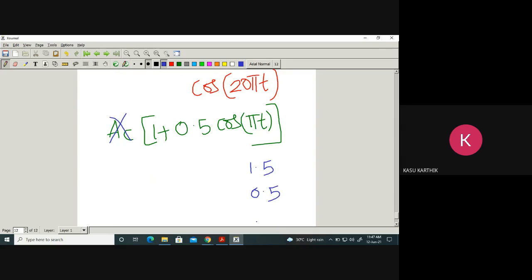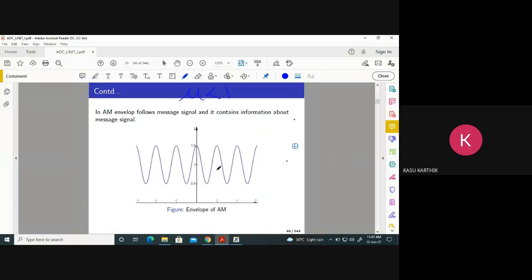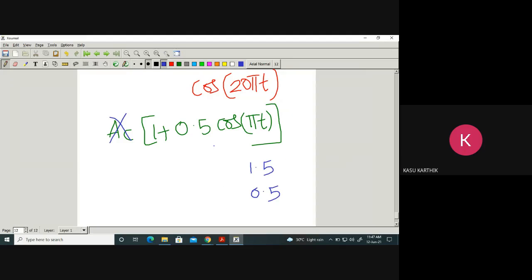Yes or not? Yes, sir. You draw this curve. It looks like this. This is the envelope of your AM signal. So what happened actually? If you neglect this AC, there is just a DC shift by 1.